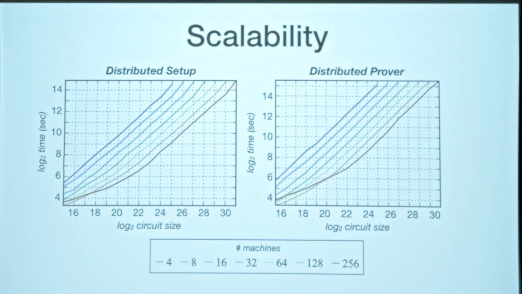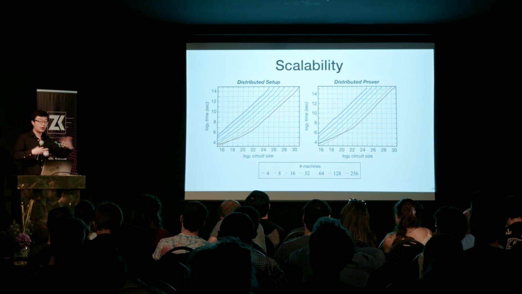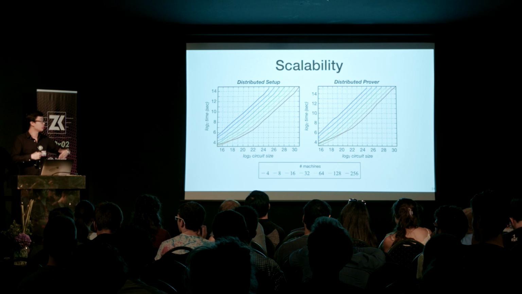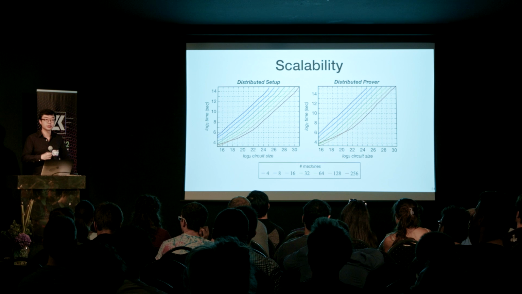The trade-off that's being made is that as you grow the number of machines, you start to have this setup cost overhead. Not to be confused with the distributed setup, it's the actual cost of turning on and spinning up all of these machines. There is a cost to coordinating all of them, getting them on the same page to solve a problem, in this case to generate a proof. And that cost itself will grow as you increase the number of machines.